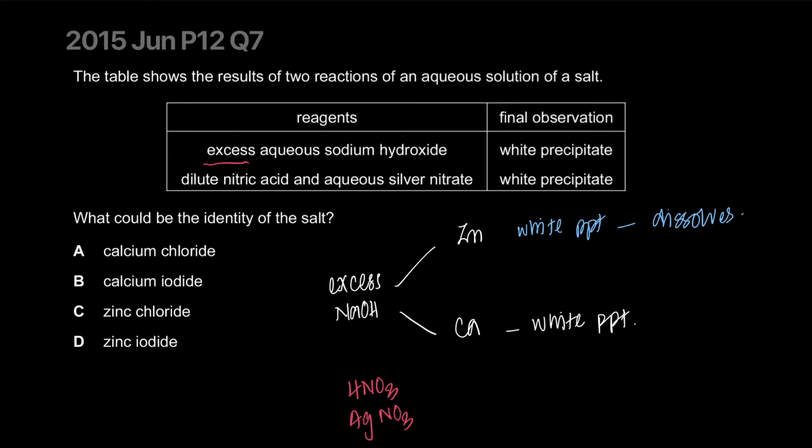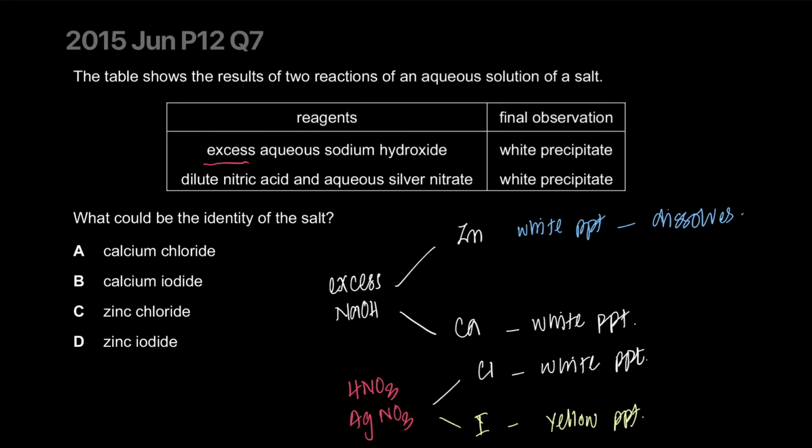Chloride over here gives you a white precipitate, but iodide, on the other hand, will give you a yellow precipitate. So what do you think it is?